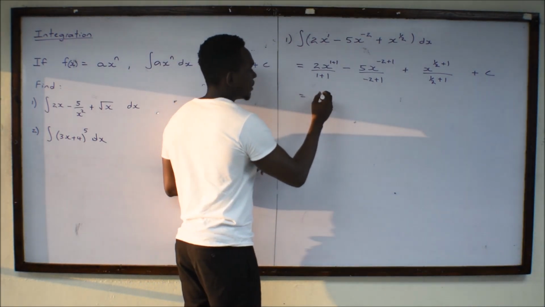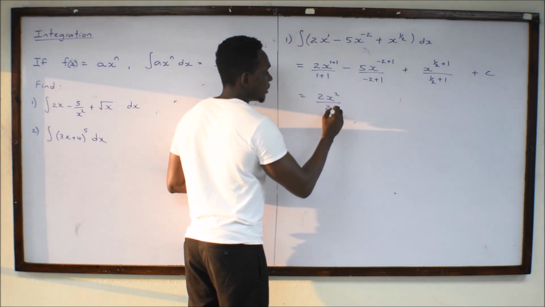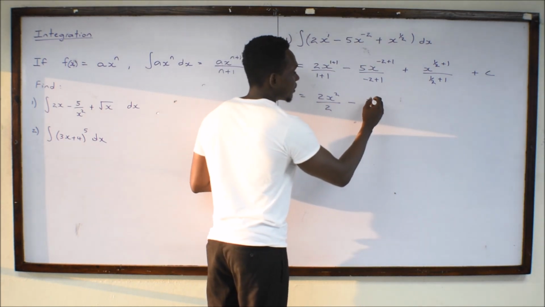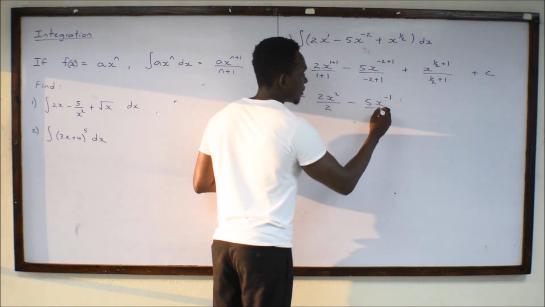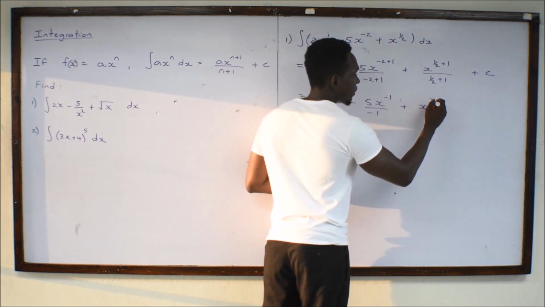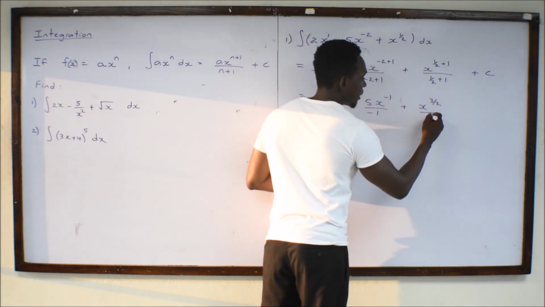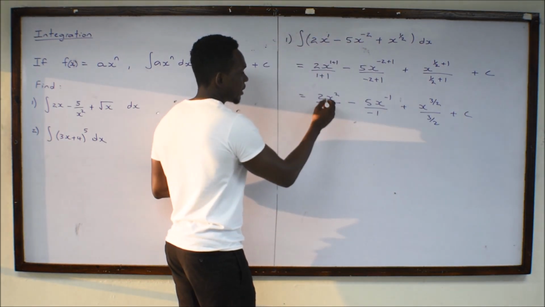So what we have is 2x squared divided by 2 minus 5x to the negative 1 divided by negative 1 plus x to the 3 halves divided by 3 halves plus c. And we can simplify.